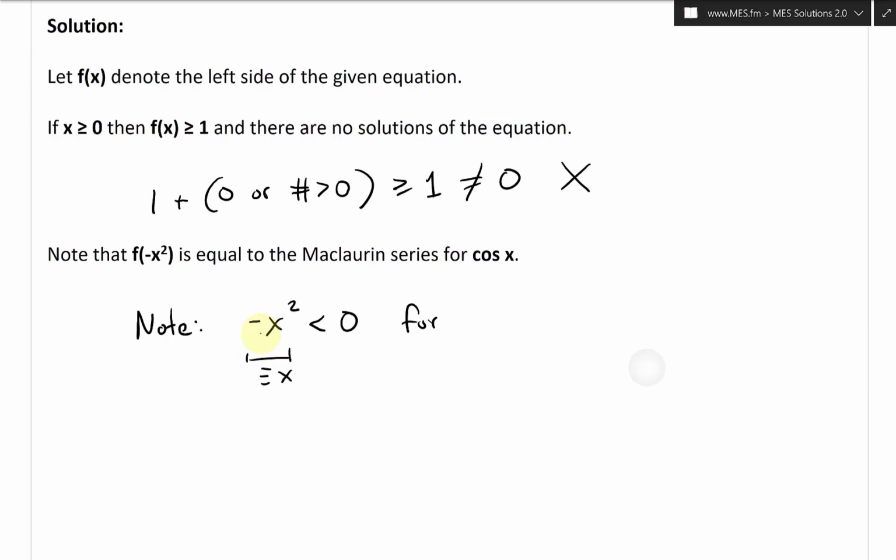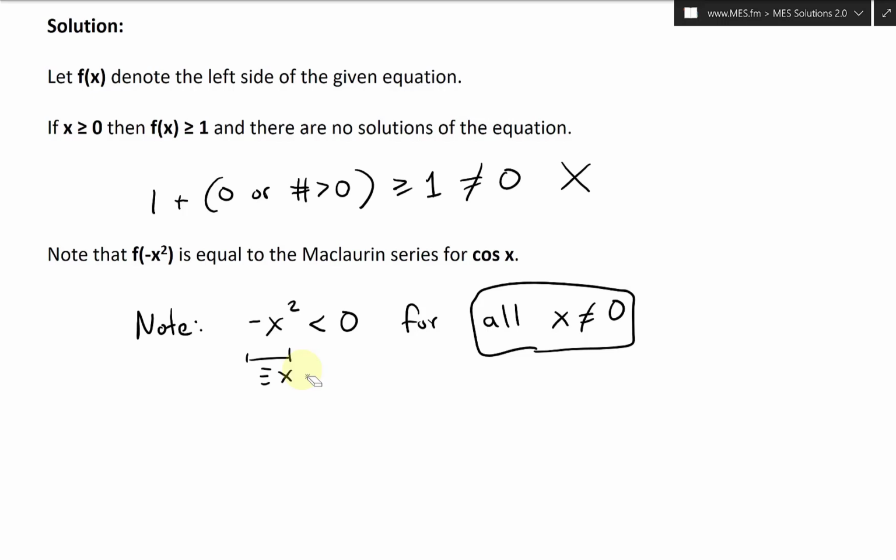And this is for all x not equal to 0, because if you put in 0, then that equals 0. But if you put in x equals 10, then 10 squared is 100, and then there's a negative sign, so it'll be less than 0. So for all x not equal to 0. I'll just unbox that.